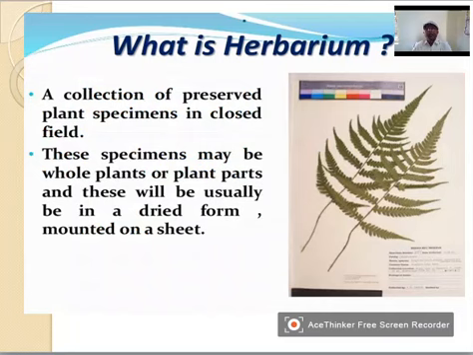Now once again, what is a herbarium? A collection of preserved plant specimens in a closed field. These specimens may be whole plants or plant parts, and these will usually be in a dried form mounted on a sheet.